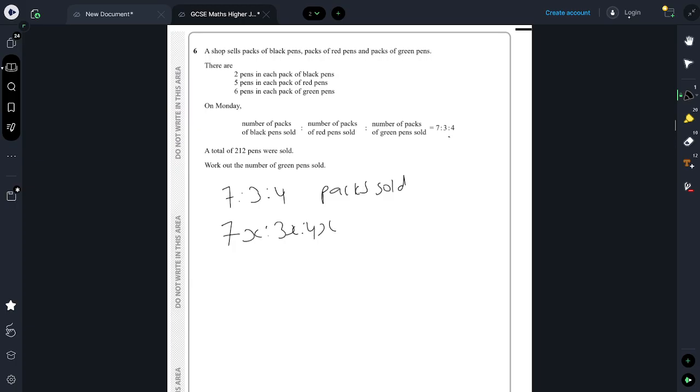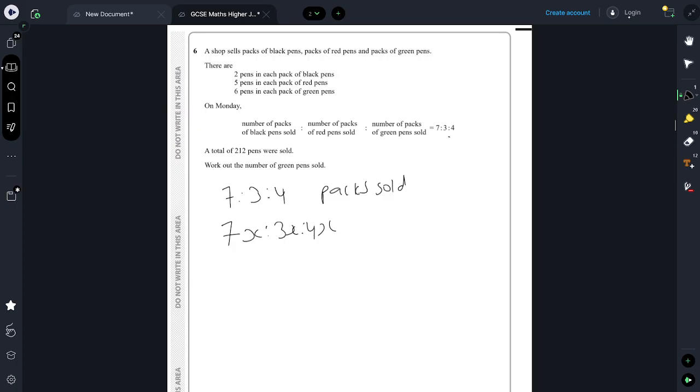It basically scales the true amount of, say, packs sold to the simplified ratio. Because x is common in all of them, we can just divide by x. But actually, there is a hidden multiplier with ratios, and that's all you need to know. Ratios are the hidden multiplier that goes between the ratio and the true amount of something.